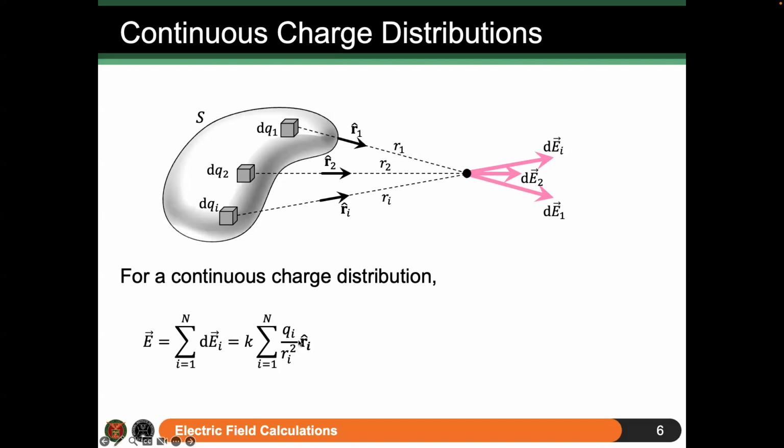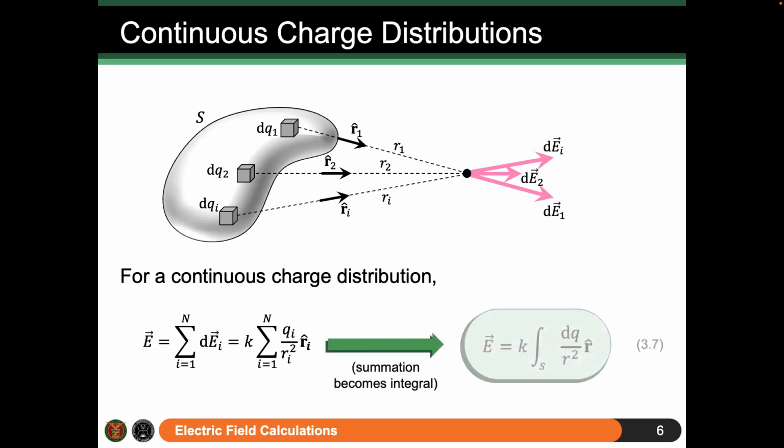And since it's continuous charge, we cannot distinguish each dq1 from dq2 from dq3, etc. Then this summation becomes an integral. So an integral of k over the whole surface dq over r squared r hat. So yung summation natin for discrete charge, magiging integral lang. Pero same pa rin halos yung form.